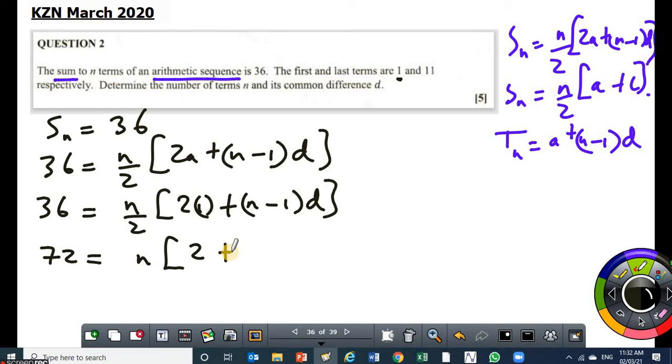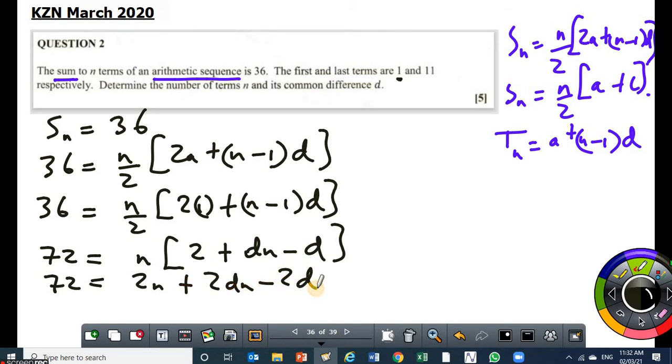I'm going to remove brackets here and write that as dn minus d, like that. Then I'll remove that square bracket, so I end up having 2n plus 2dn minus 2d. Okay? So this will be my first equation.